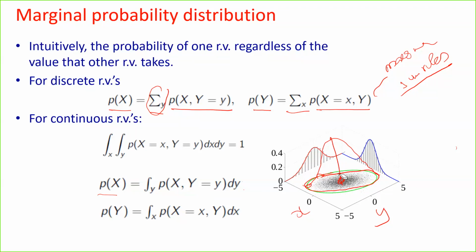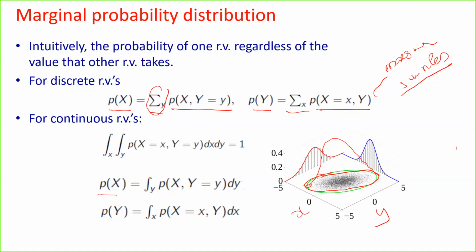Now when I'm asking what is the probability of x, it means you're asking how the x values are distributed, irrespective of the y values.